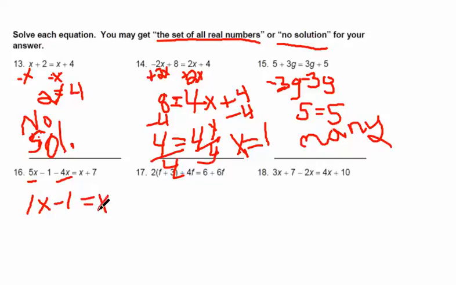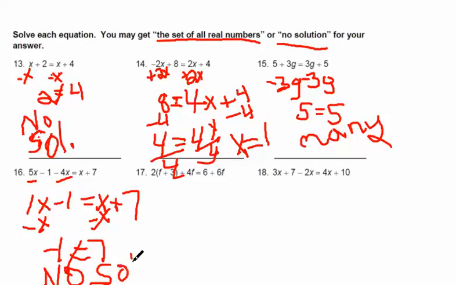Well, how could x minus 1 be the same thing as x plus 7? It couldn't. So when we subtract 1x from both sides, the x's are gone on both sides, and we get negative 1 equals 7. That's impossible. That's not true. So this one is going to be a no solution.